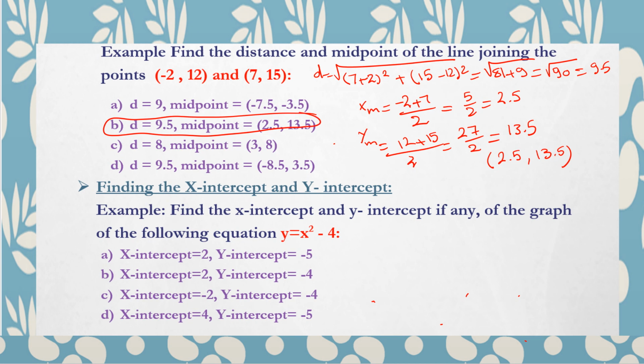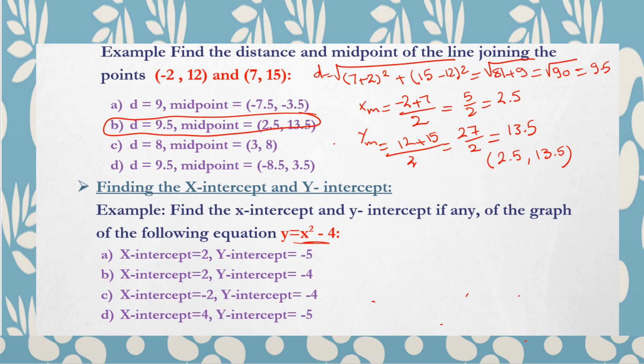Finding the x-intercept and y-intercept. Example: find the x-intercept and y-intercept, if any, of the graph of the following equation. Here he gives you an equation, y equals x squared minus 4, and he needs the x-intercept and y-intercept.